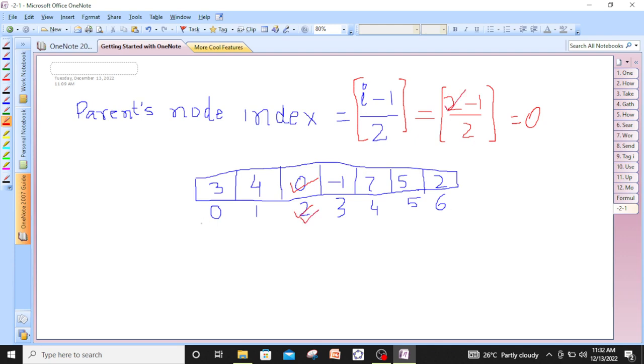This means that the index of the parent element will be 0, and index 0 is here, so this 3 is the parent of this 0, remember that.